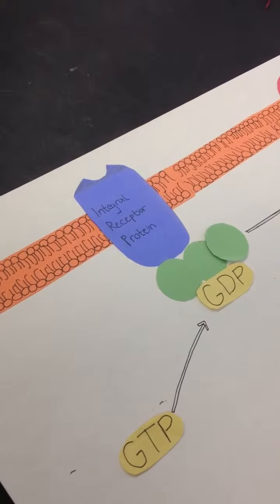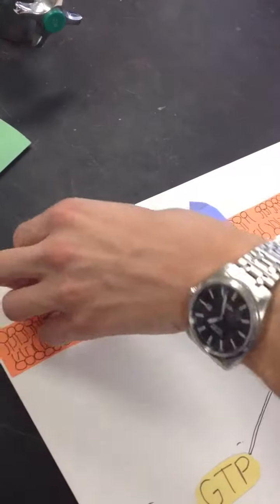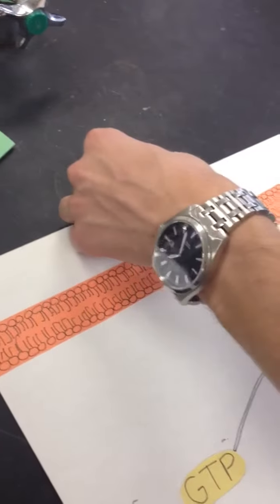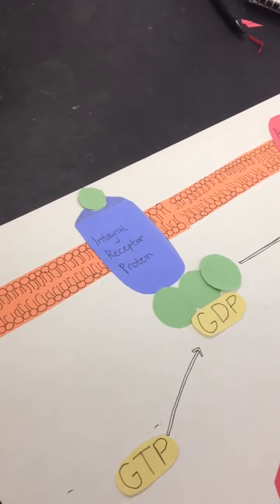The process begins when a ligand, in this case epinephrine, which is represented by this piece of green paper, interacts with the receptor on an integral G protein.